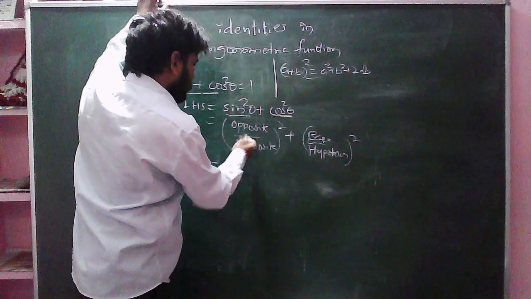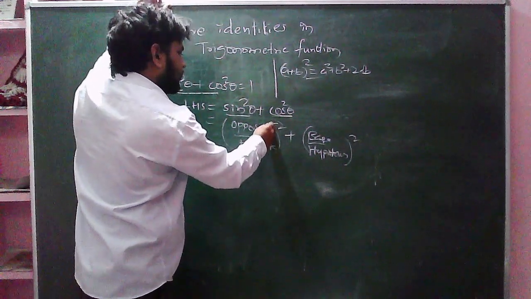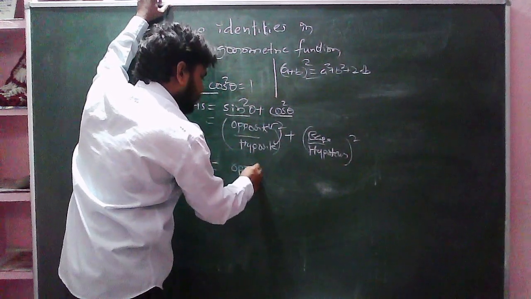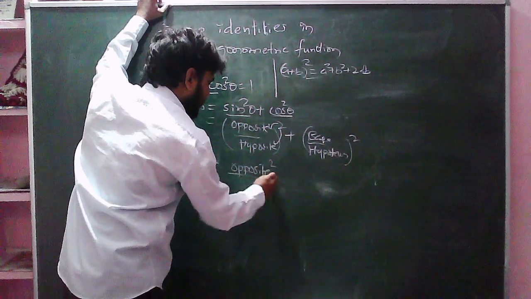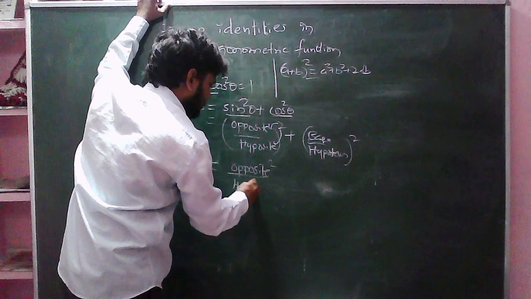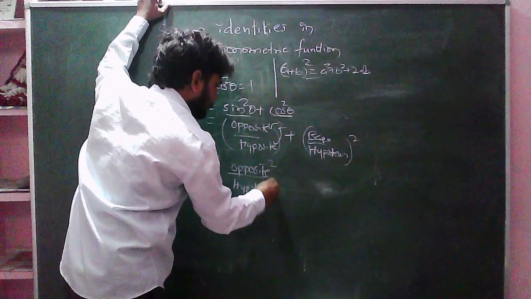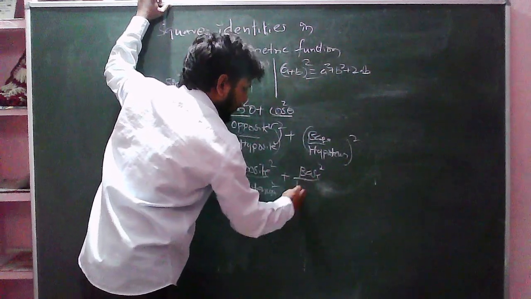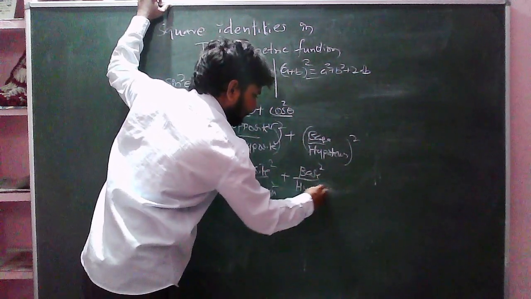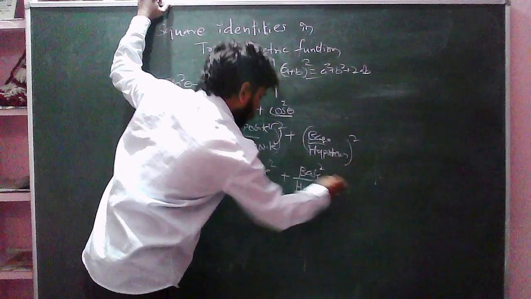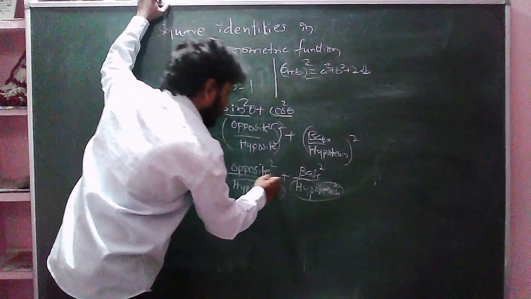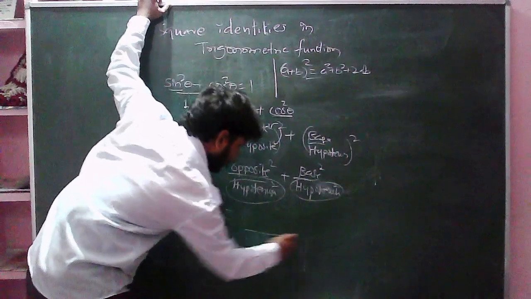Now distributing the square to both numerator and denominator, it becomes opposite square divided by hypotenuse square plus base square divided by hypotenuse square. Hypotenuse square is the same in the denominators of both terms, so we take it under one bracket.